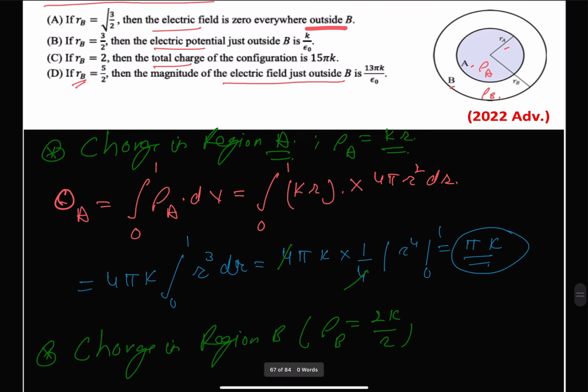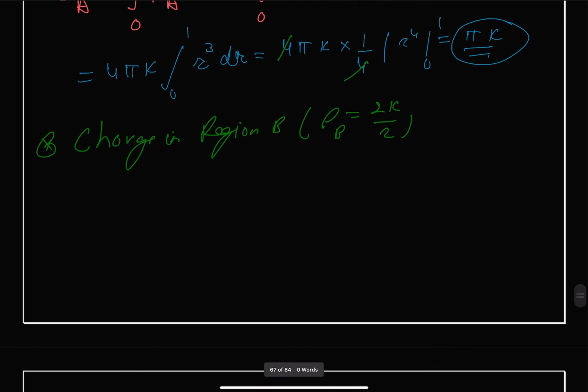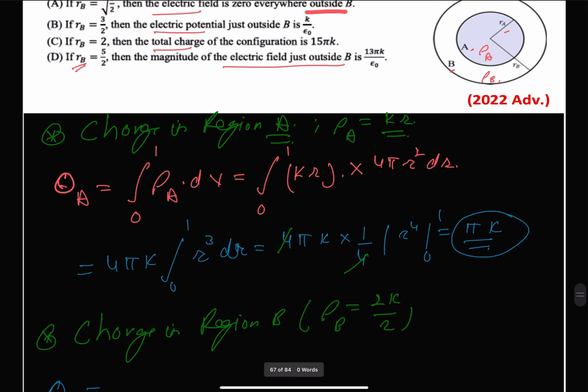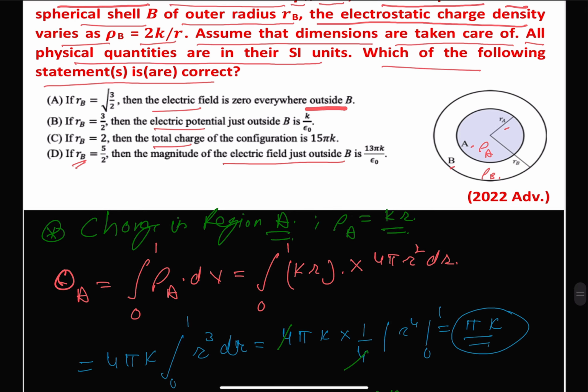So we can say the charge in B will be equal to, this is our region B. So here we are having 1, and this is our radius RB.